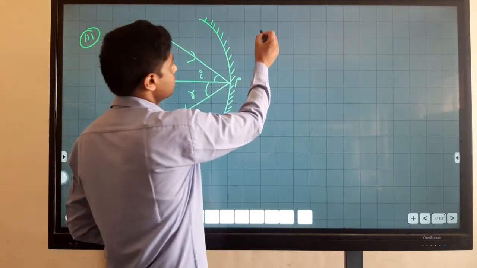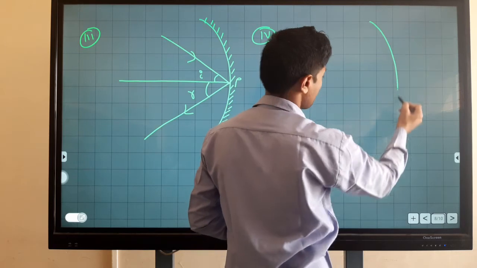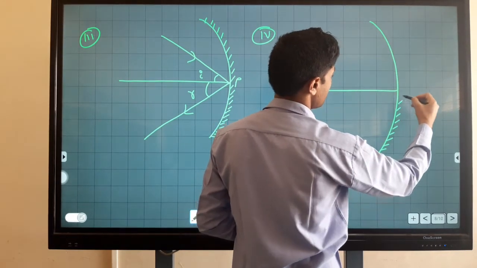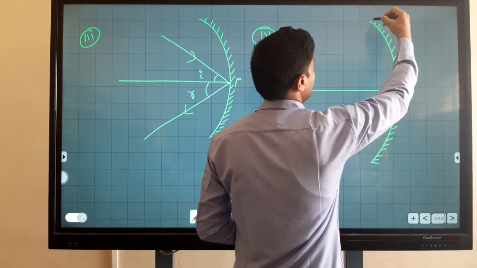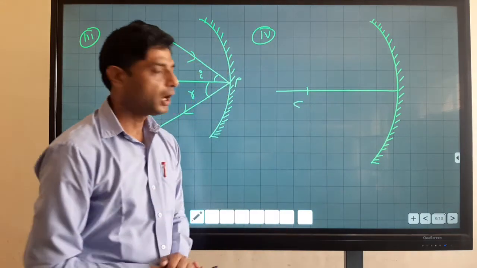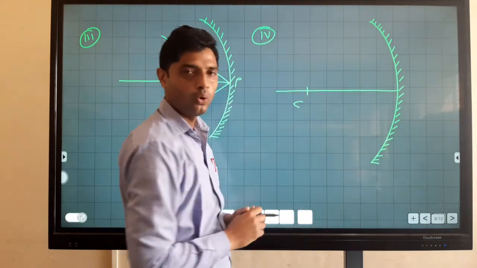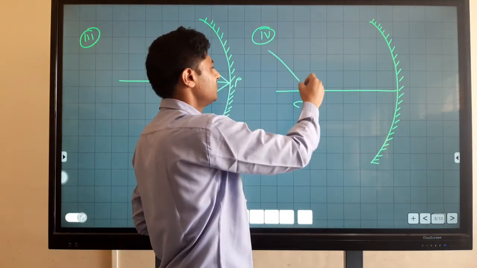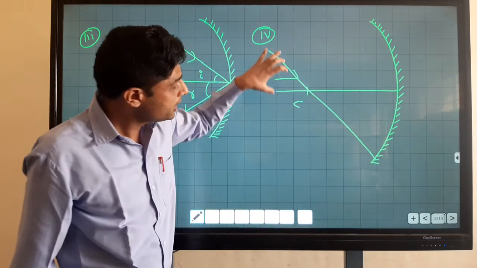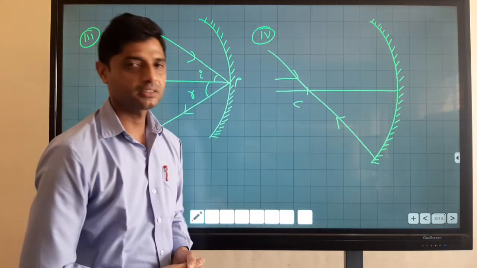And the fourth rule, if a ray of light passes through the center of curvature, then it follows the same path after reflection.